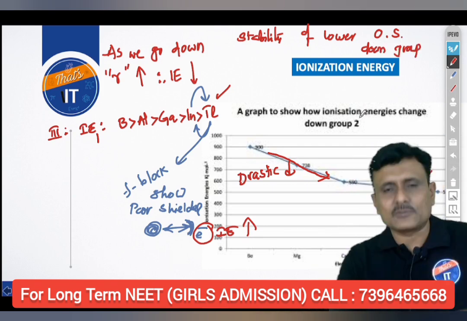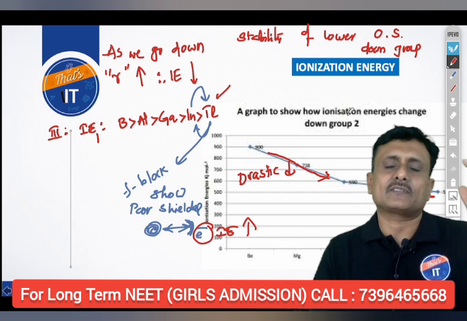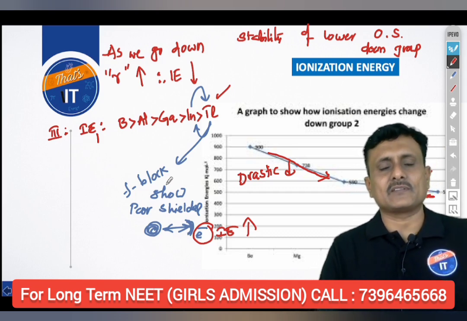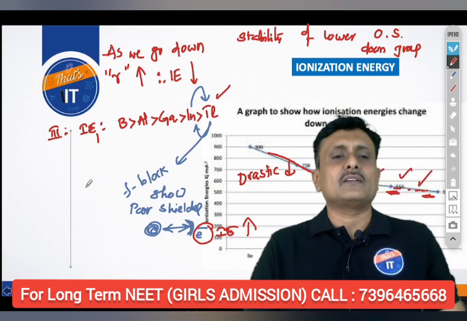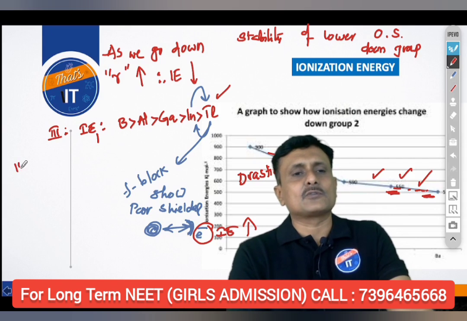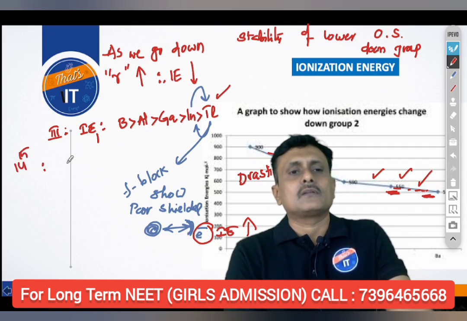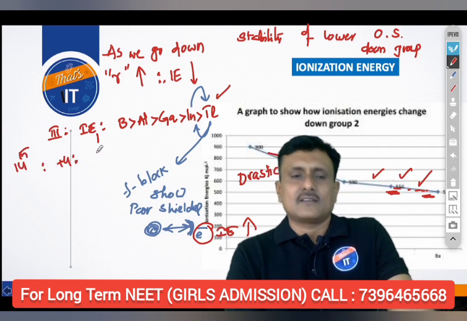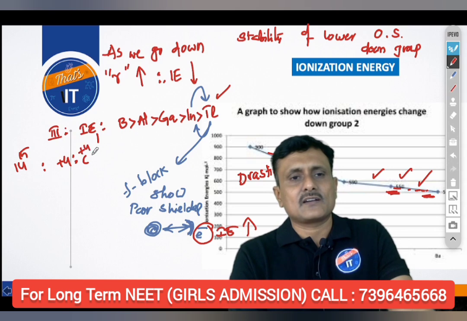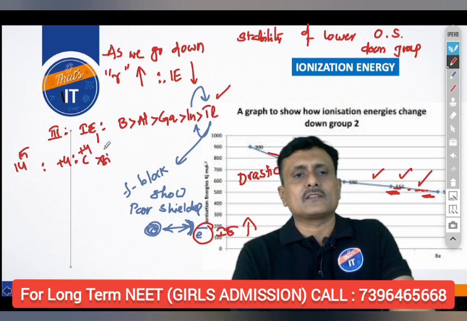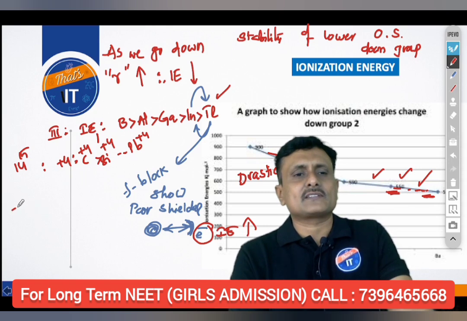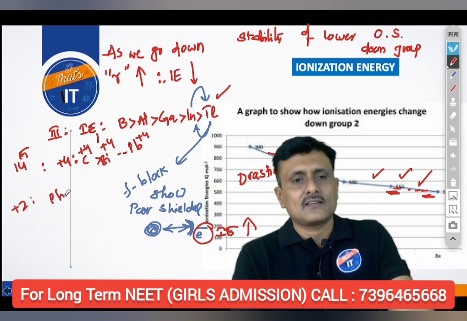As we go down the group, the stability of the lower oxidation state increases. That means if you are talking about the 14th group, the plus 4 oxidation state is more stable for carbon, then silicon, and so on till lead. But if you take the plus 2 oxidation state, it is greater for lead.